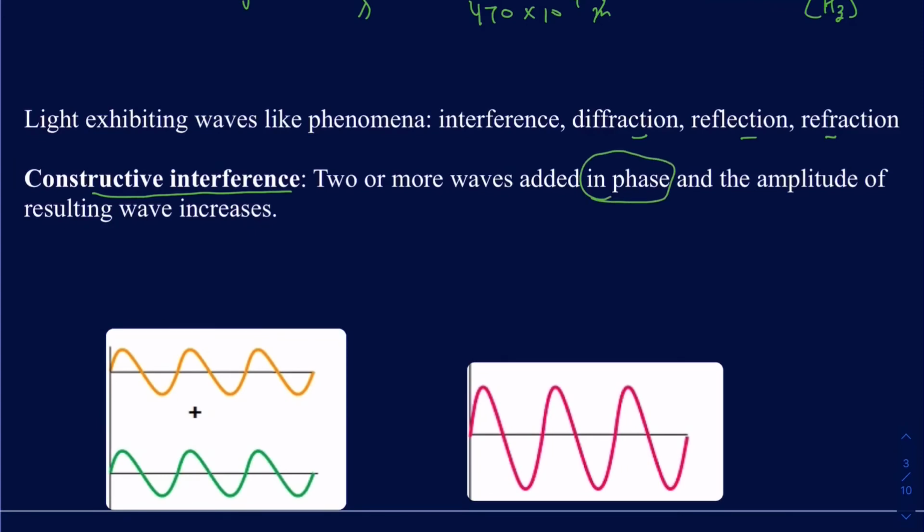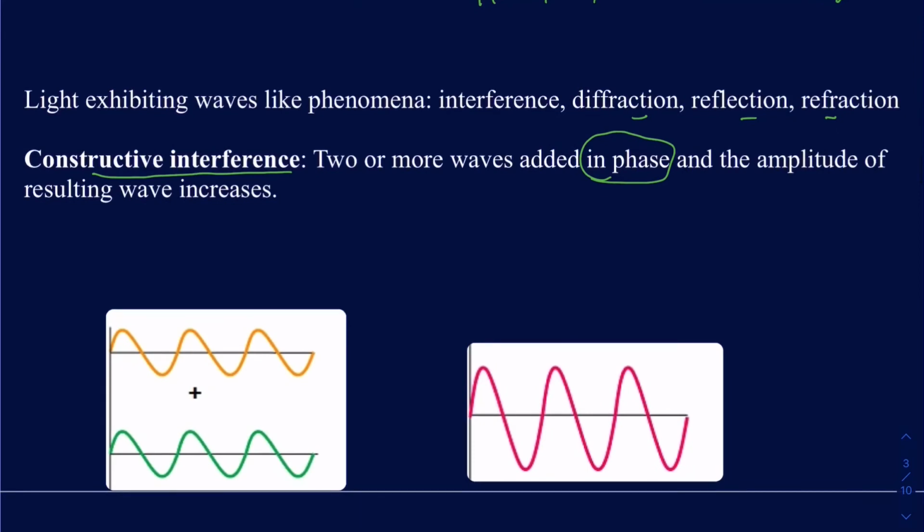Looking at this example, I have an orange wave and a green wave. The crest of the orange wave and the crest of the green wave match with one another, and the trough of the green wave and the trough of the orange wave match with one another. So these two waves are added in phase.